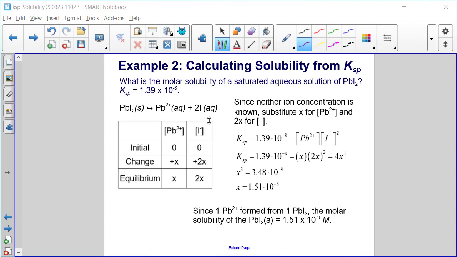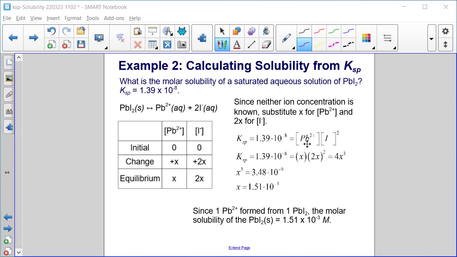Because that's the one in the lowest molar ratio. Given the stoichiometric coefficients, at equilibrium we have some amount x of Pb2+ ions and 2x of I- ions. We can substitute that into our Ksp expression, where Ksp is given as 1.39 times 10 to the minus 8.